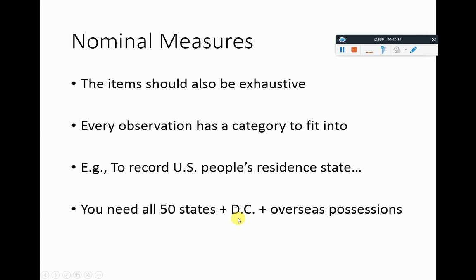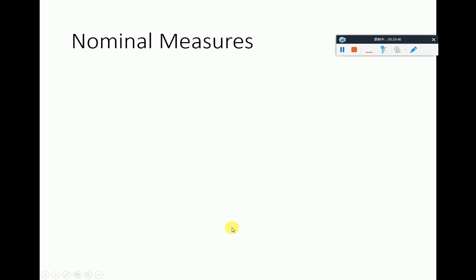We should also single out DC, right? And some overseas possessions, Guam or some other places that America has, such that all people can have a chance of choosing one value. Okay, so this is what we mean by the categories should be exhaustive.